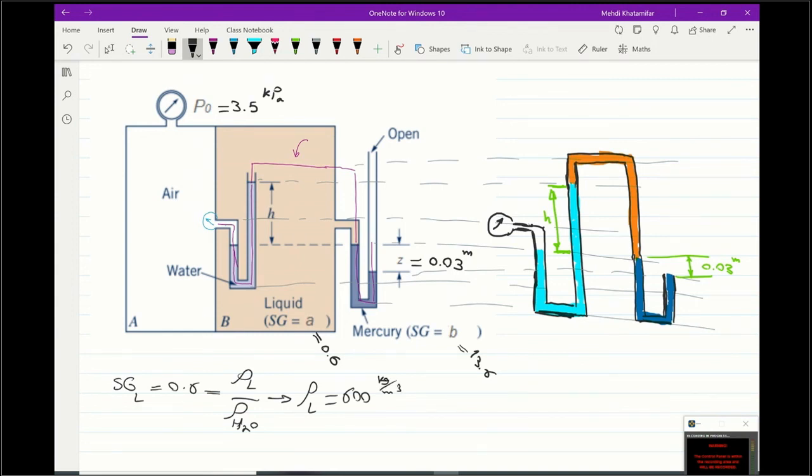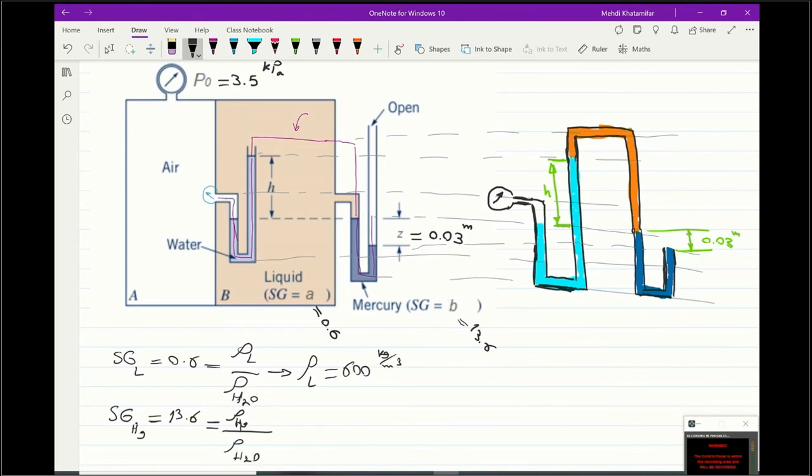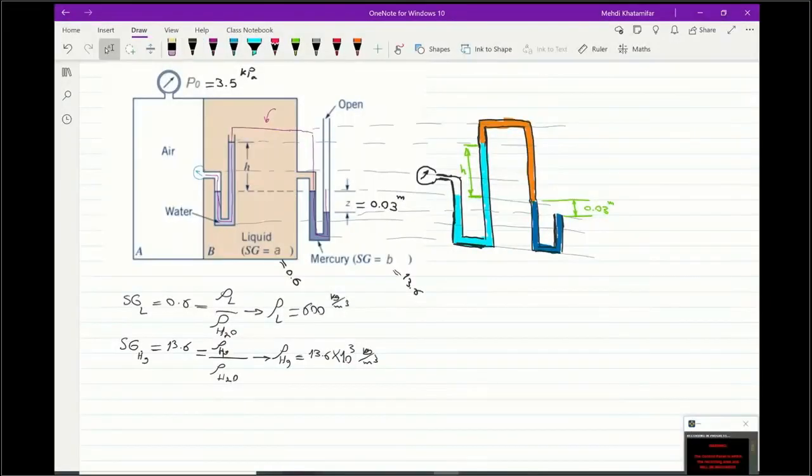For the other one, mercury, Hg, the specific gravity is 13.6, which is the density of Hg divided by the density of water. Therefore, the density of mercury is going to be 13.6 times 10 to the power 3 kilogram per meter cube. So I took care of it. We don't need to additionally add SG in our calculations.